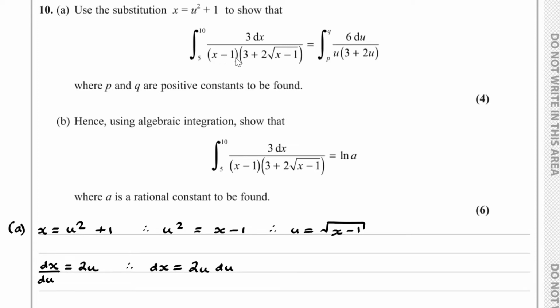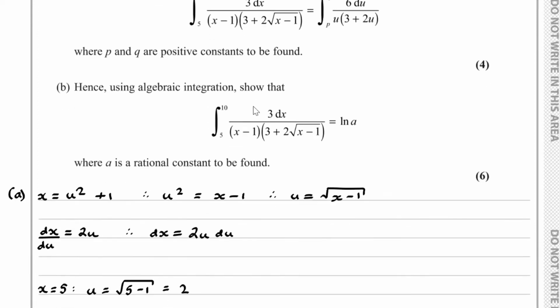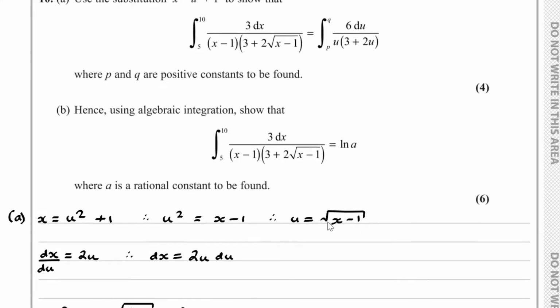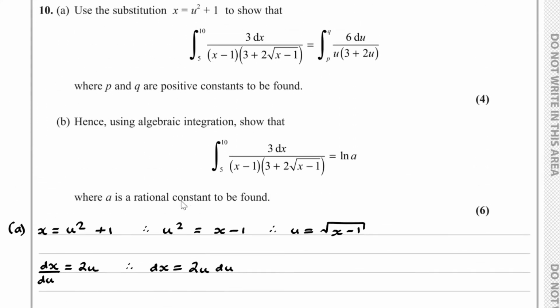Now over here, x minus 1, hopefully you can recognise that's u squared. And here we have 3 plus 2 lots of the square root of x minus 1. The square root of x minus 1, that's u. And then dx, that was 2u du.